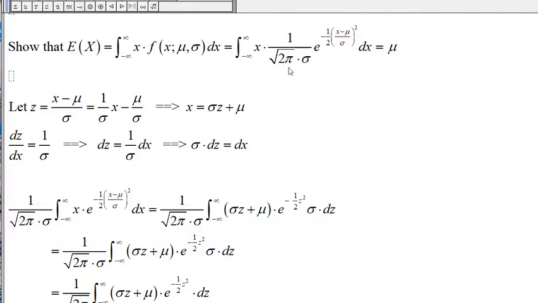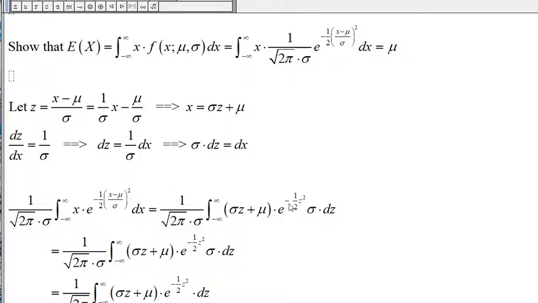One over square root of 2 pi times sigma. This expression is constant, so we can move it and place it in front of the integral. x is sigma times z plus mu. x minus mu over sigma is z.